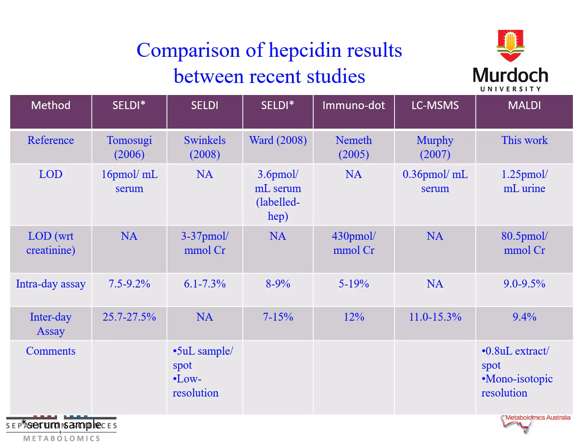At the same time, some groups were trying to develop non-mass-spectrometry-based assays, and a couple of groups started to measure hepcidin in serum. As we can see from this, the limits of detection we obtained with our method were very comparable, and the intra- and inter-day assay precision was very good, and comparable with almost everything available in the literature at the time.